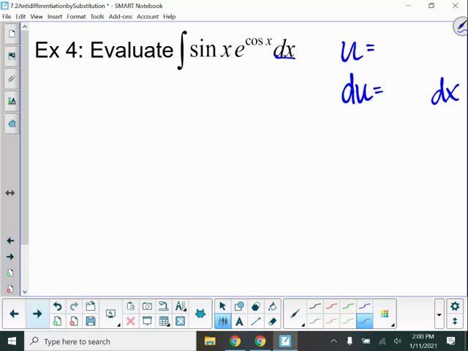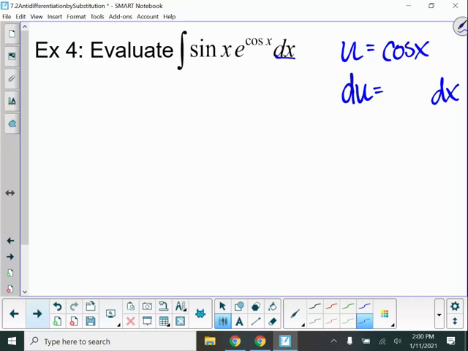So I would suggest, because again, I need to make this as easy as possible to take the derivative, if I let the u be the cosine of x, that would make this term into e to the u power instead of e to the cosine of x power, and I can definitely do something with that.